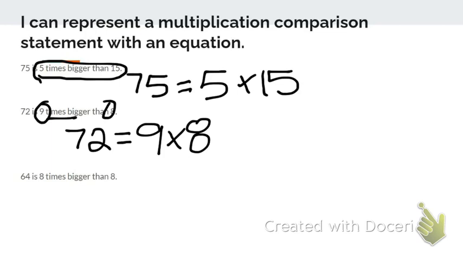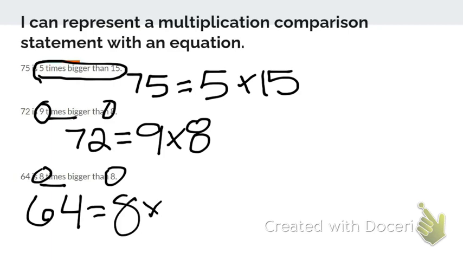Okay, let's look at this last one on this page. 64 is 8 times bigger than 8. Go ahead, pause the video, and see if you can write an equation to represent that comparison statement. Hopefully you wrote 64 equals, and then you had an 8 and you had an 8 and you had times in the middle, so 8 times 8.